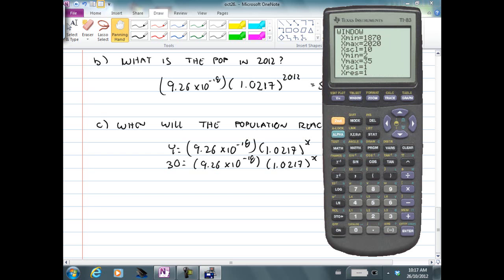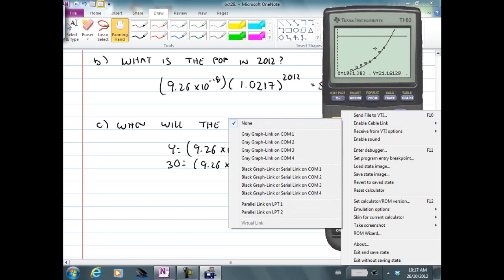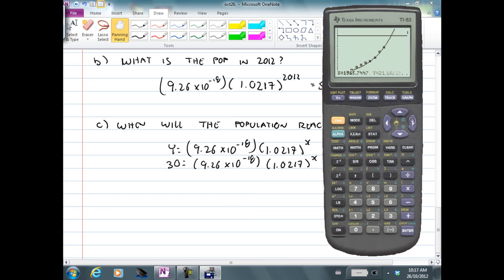Under Y2, I hit 30 because I want to know when it hits 30 million. The point of intersection is the number it occurs at. So I can play the guessing game, take your little cursor key, and find the X value when it reaches 30 million. And it tells you the date right there.